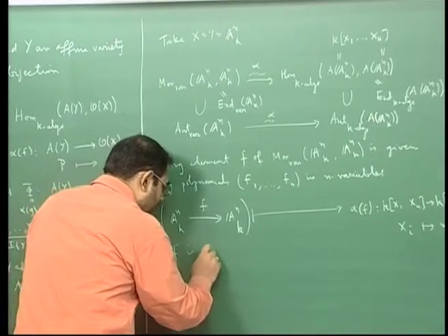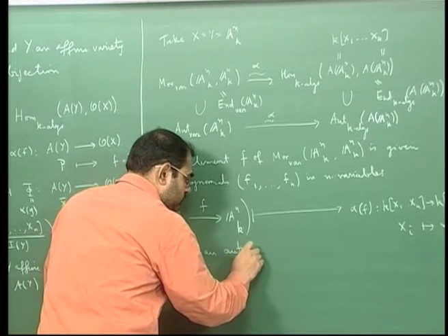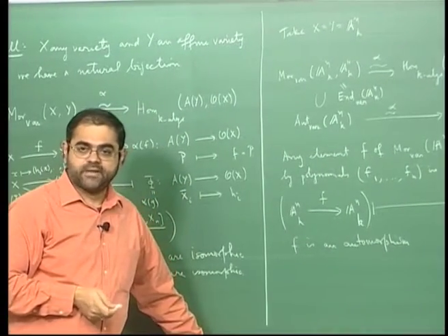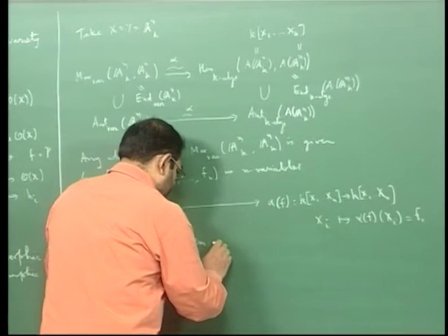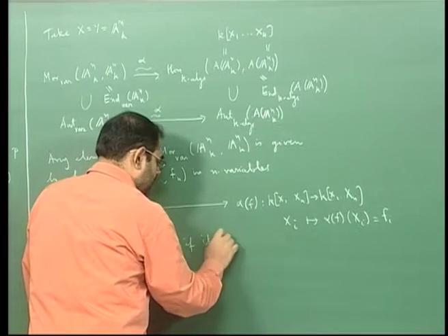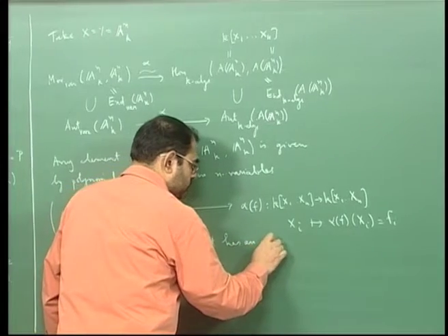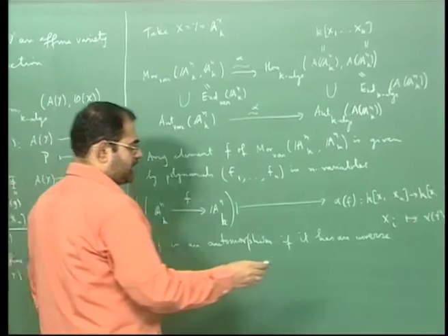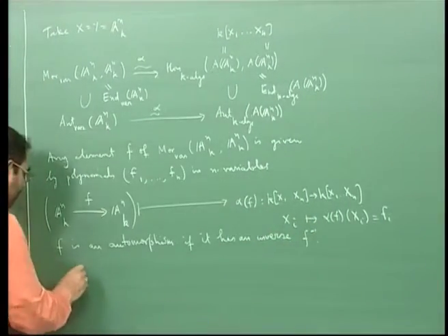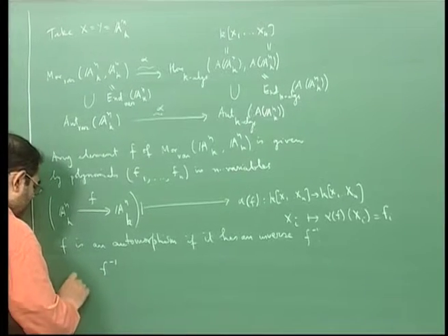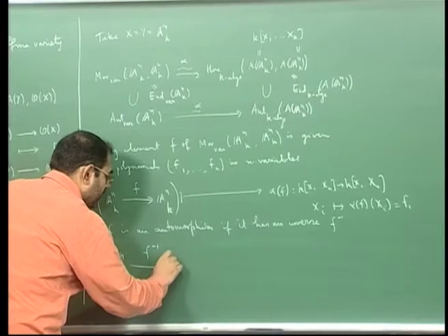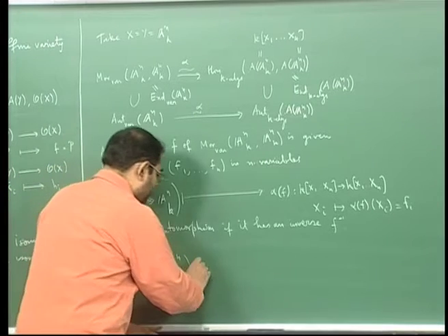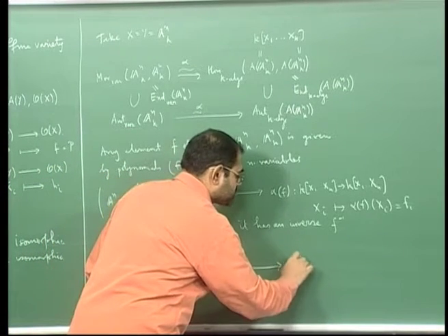F is an automorphism, that is it is an invertible morphism, namely an isomorphism, if it has an inverse, and so it has an inverse F inverse. So I will have an F inverse which again will go from an to an, and that will be mapped under alpha to alpha of F inverse.